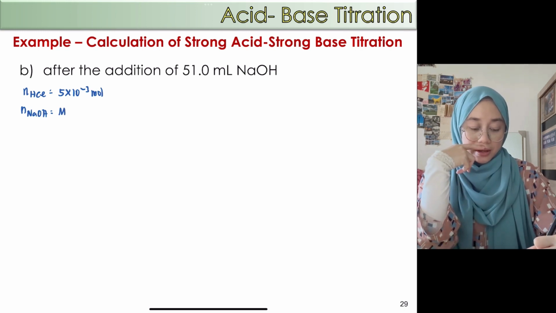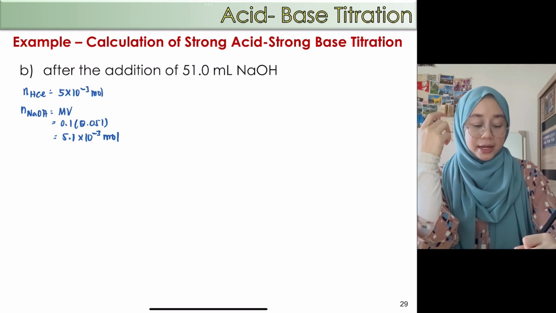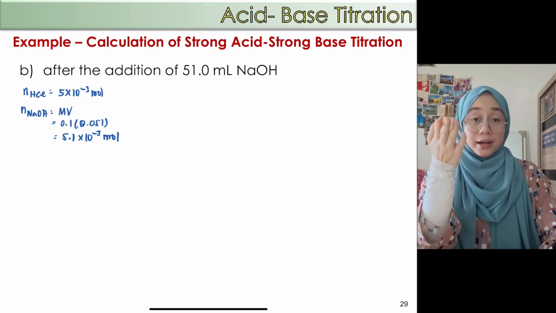MV again, which equals 0.1 times 0.051. So we will get 5.1 exponent negative 3 mole. Okay, and then the next part is we proceed with the ICF table.